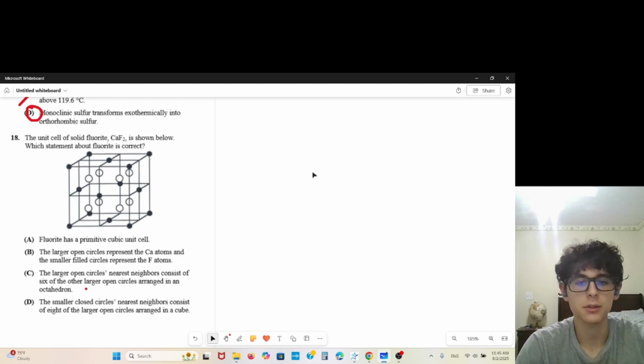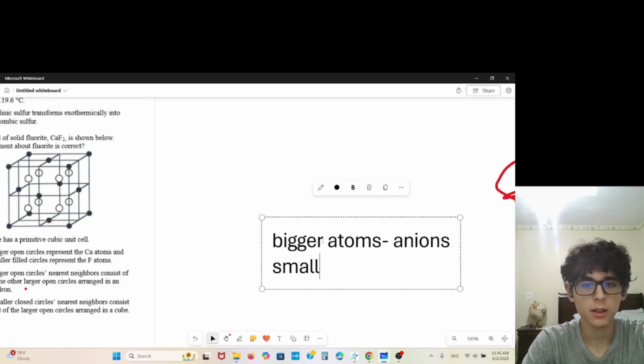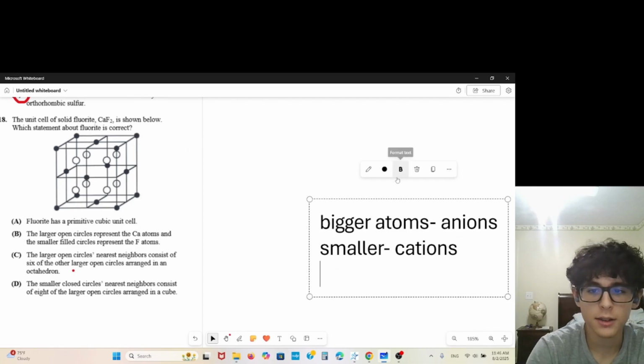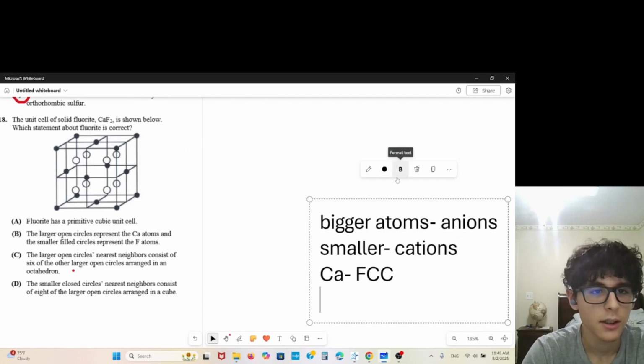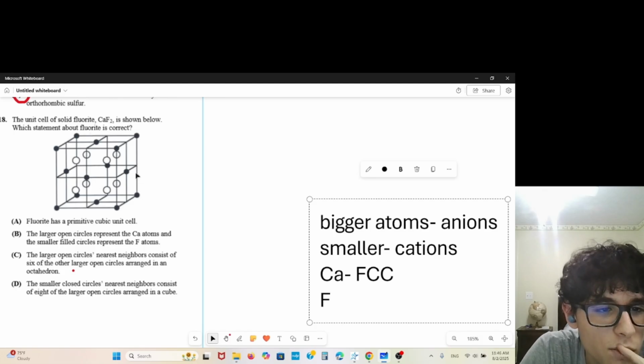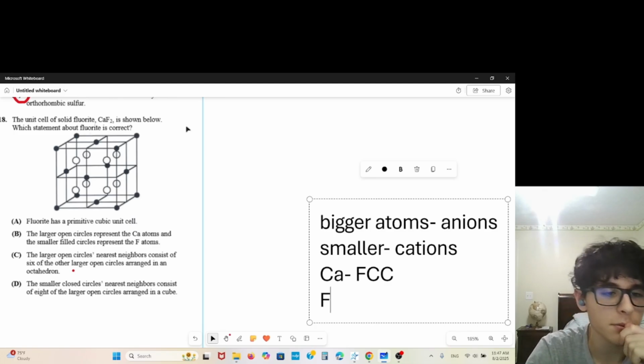Well, your bigger atoms are going to be your anions. Smaller is your cations, right? So that's that. So calcium, you have FCC. Fluorite, but the fluorine is just occupying the cell. So fluoride is obviously not primitive cubic, definitely not.